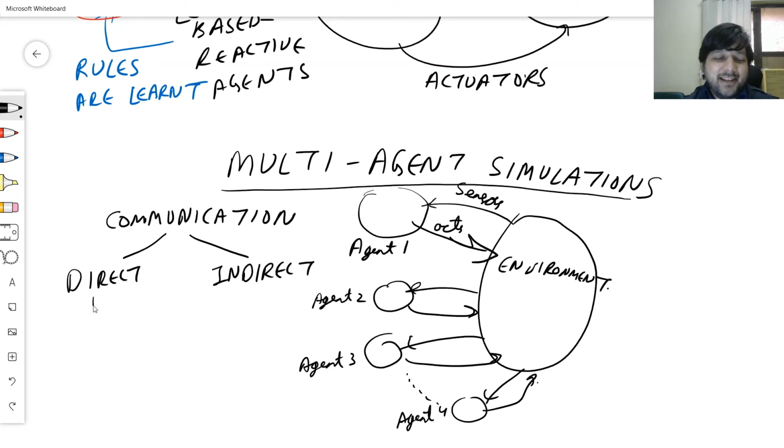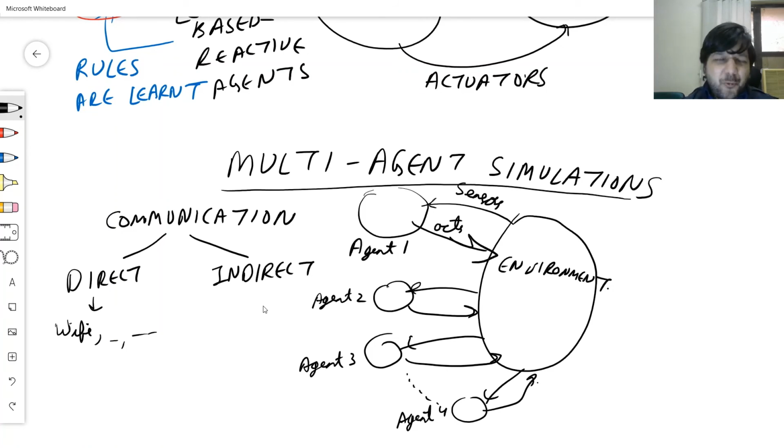If they have a direct communication, that means there is either a Wi-Fi hotspot, all of them are connected to it, or there are other communication protocols that they can use to exchange information between them, Zigbee or Bluetooth or all these. If there's an indirect communication between them, they cannot directly talk to each other using formal communication protocols.